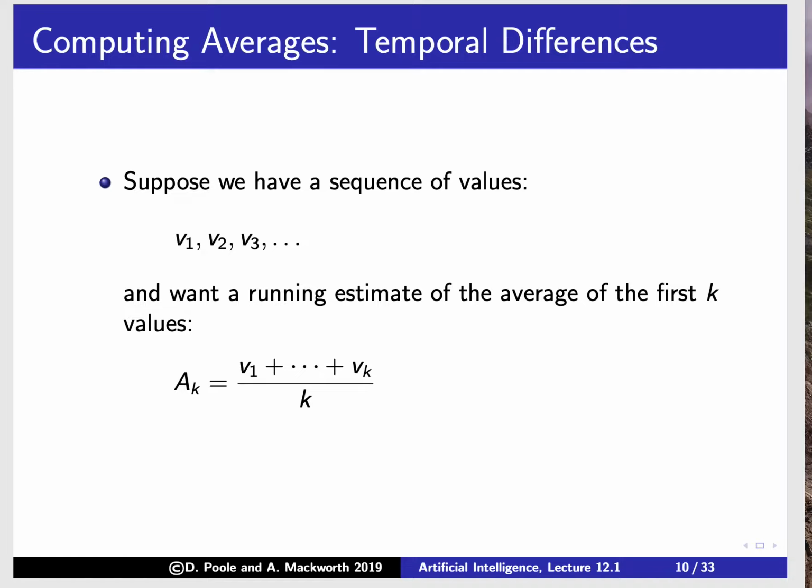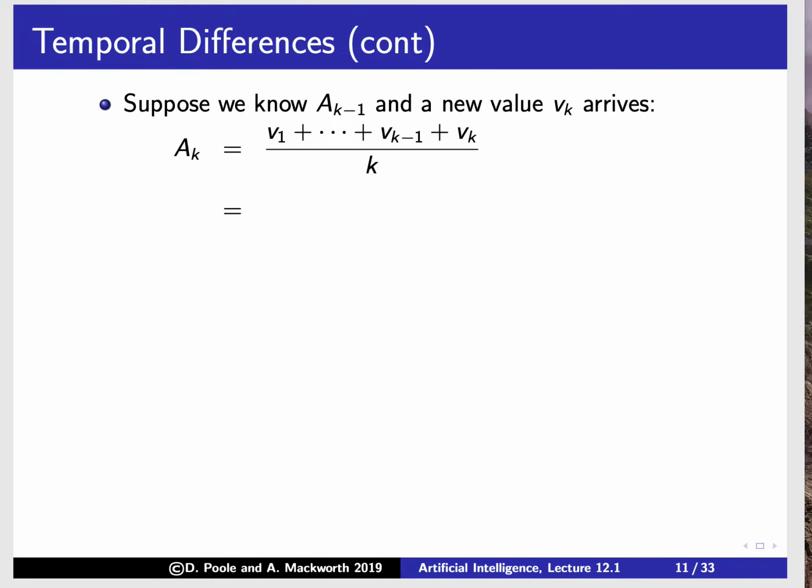So A of k is v1 plus up to vk, divided by k. This is often what we want if we want the expected value of something. We just want the average that we've seen so far. Well, we can do a little bit of arithmetic, and now suppose we know A of k minus 1 when new value vk arrives.